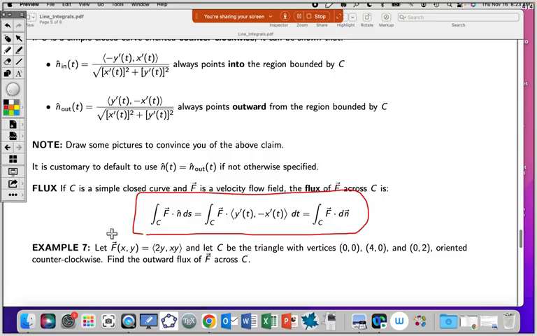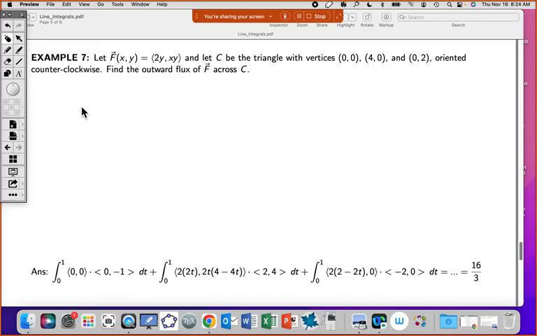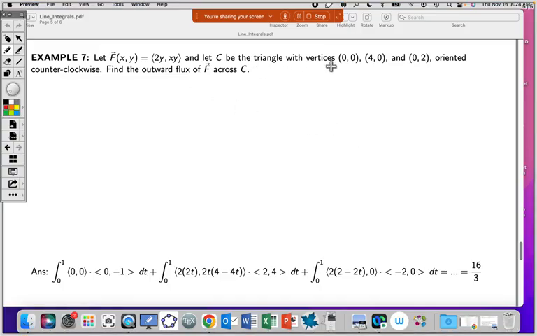And then example 7 is we're going to work through this example. So if you look at the new take-home, you've got a problem like this. You've got this field, F of x, y equals 2y, xy. C is the triangle with these vertices oriented counterclockwise. Right, so this is very similar to the one you've got to work on for next week.